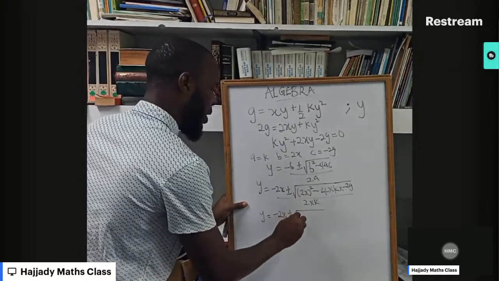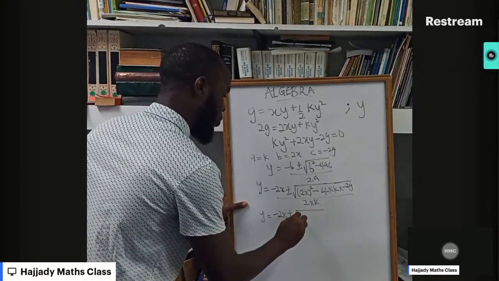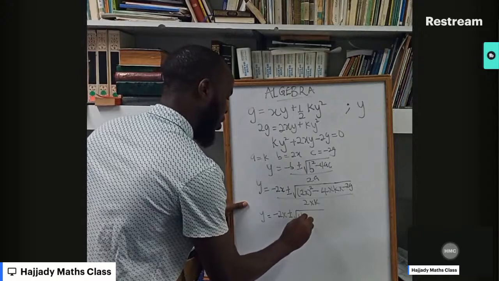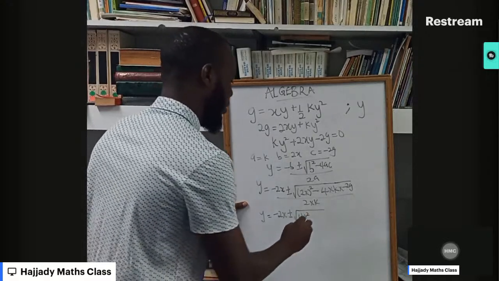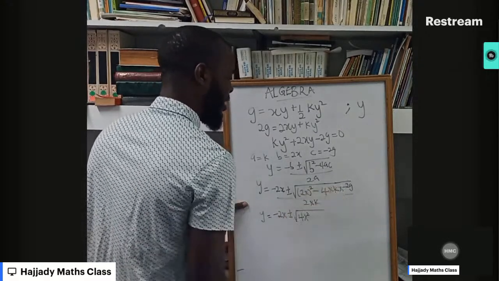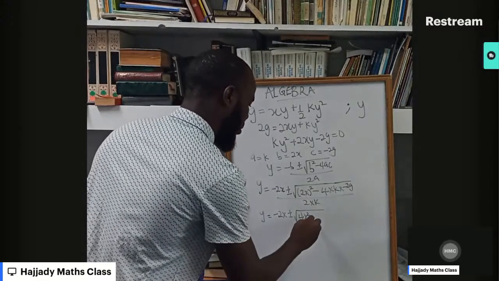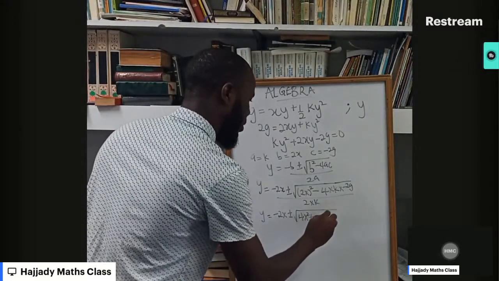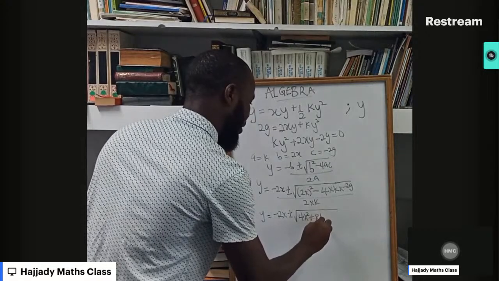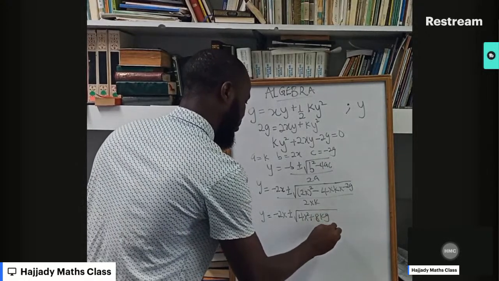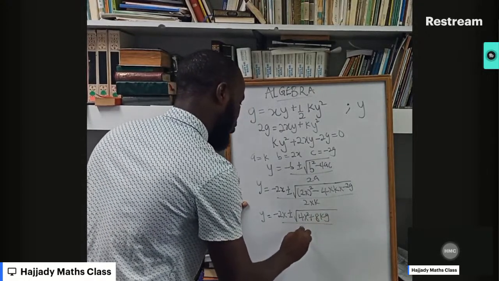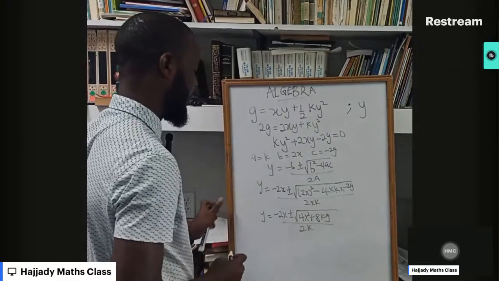Here, 2x squared to the power of 2 is going to give me 4x squared. Negative times negative is going to be what? Plus 8kg all over 2k.